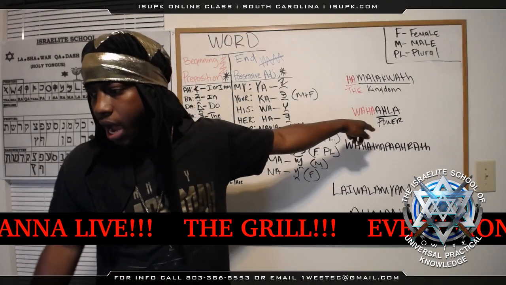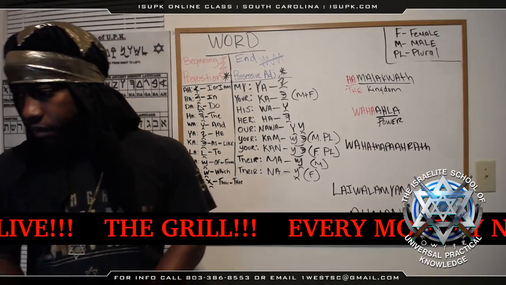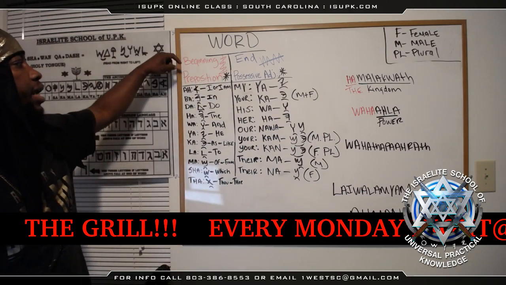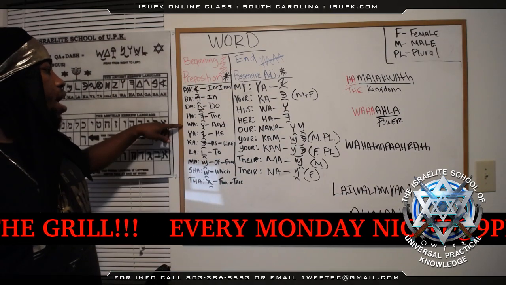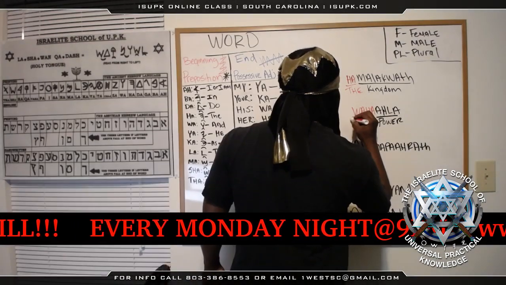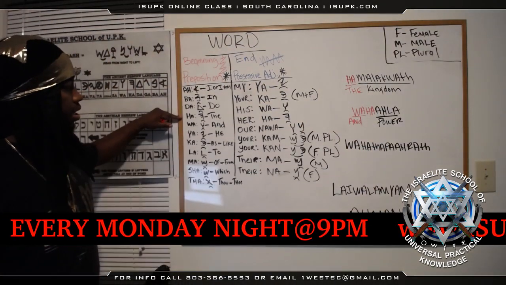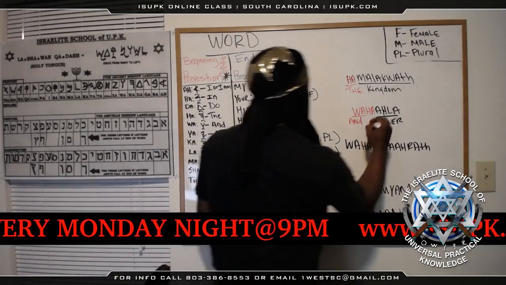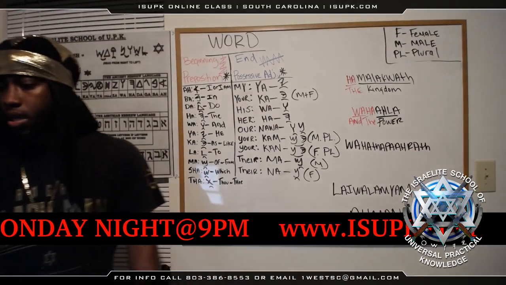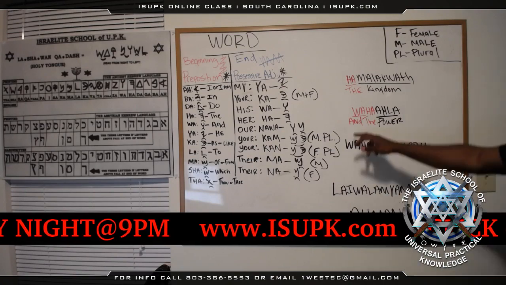So if Allah means power, then what does this mean in the beginning of it? Check it out. In the beginning is a preposition, right? So wa is what? Wa is and. Ha is the. And the power. You see what I'm saying? Waha Allah means and the power.